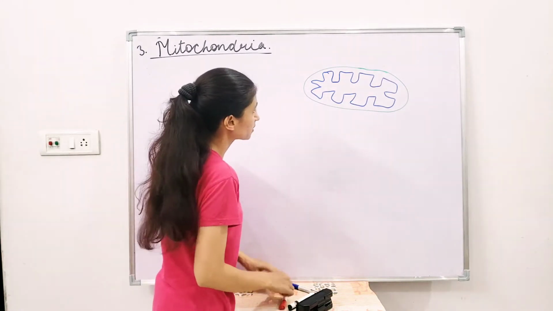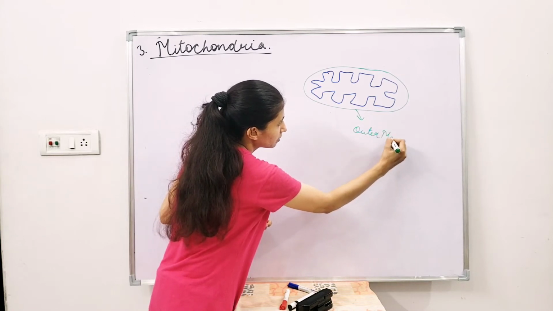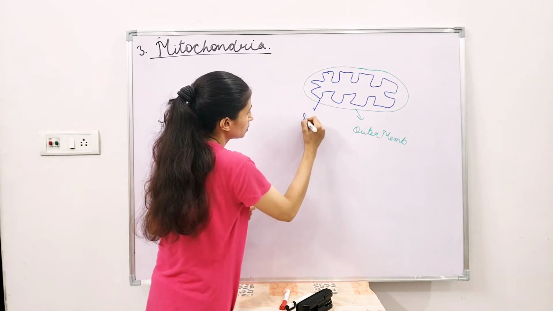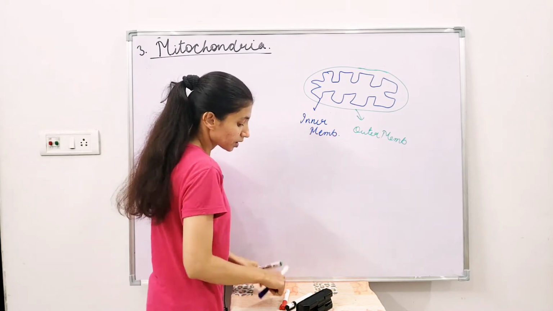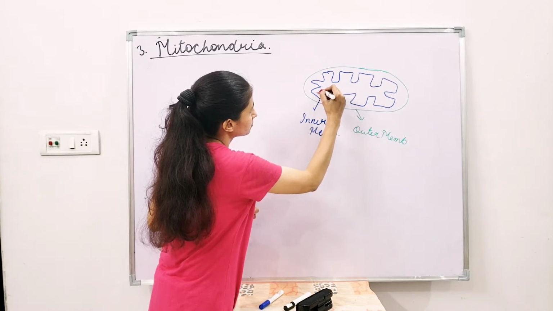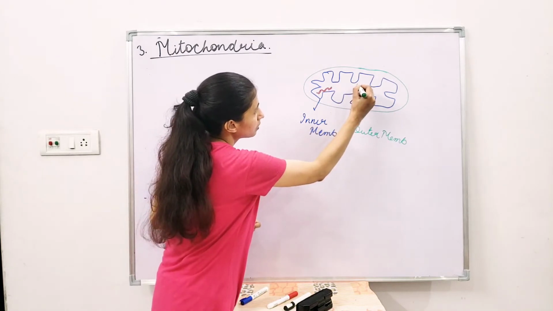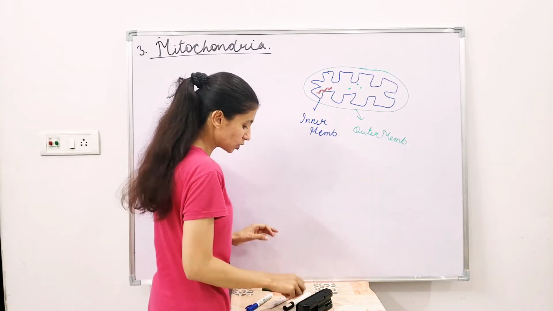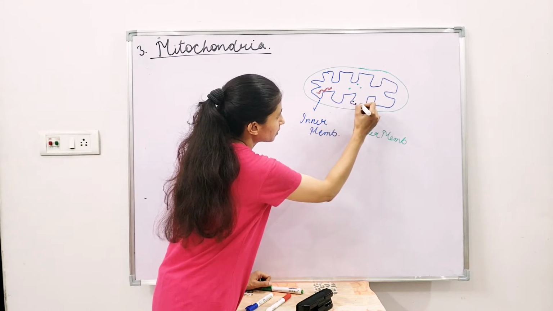This is your outer membrane, and this one is your inner membrane. Inside the mitochondria, you will find the DNA. Other than that, you will also find ribosomes.